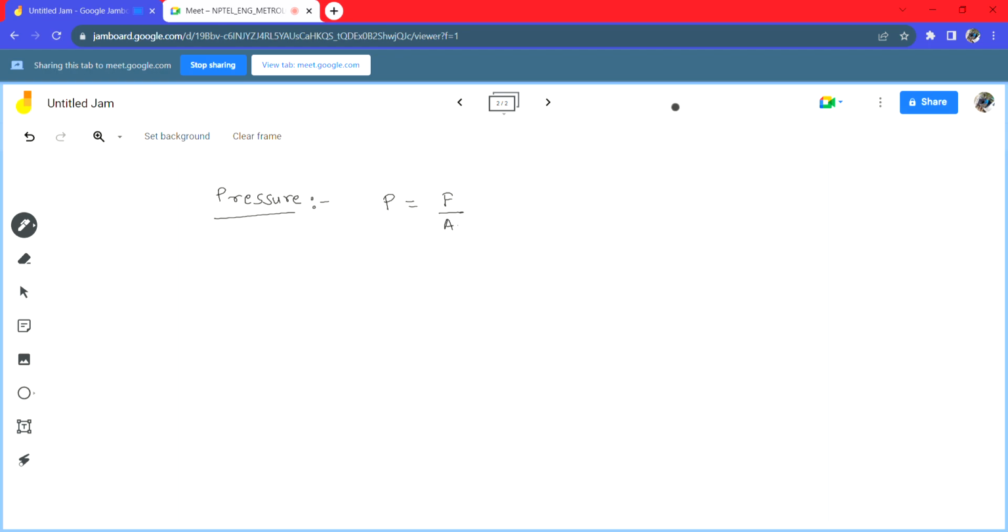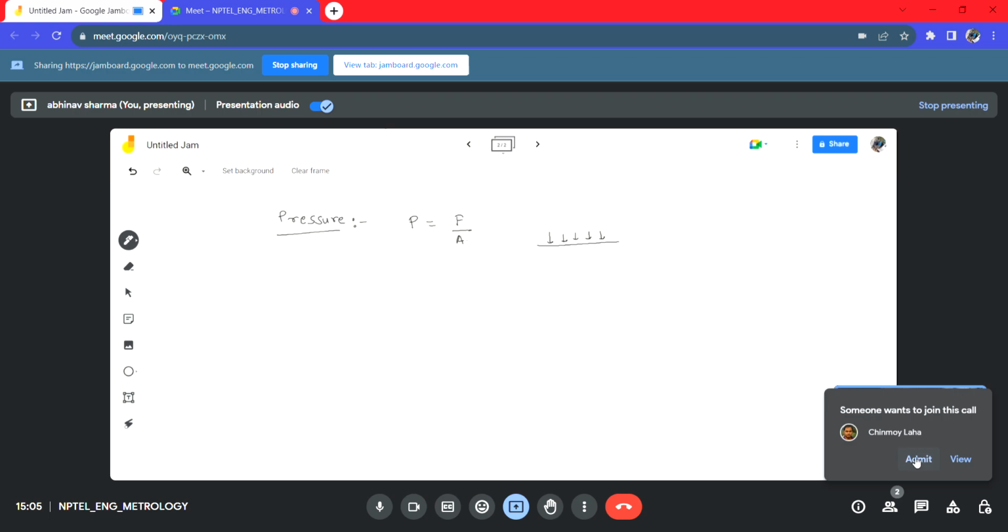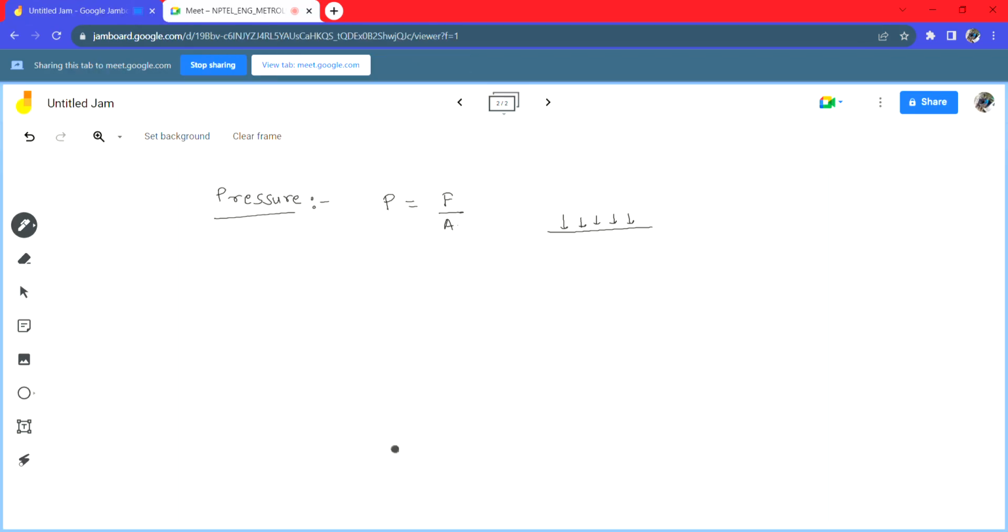So suppose I have a substrate, and on this I apply some force, and say the cross-sectional area of this in two dimensions is A, then on a per unit basis, how this force is distributed over this entire substrate is the measure of the pressure.